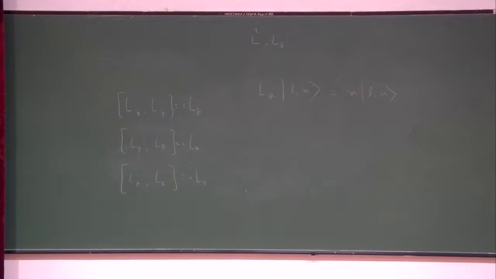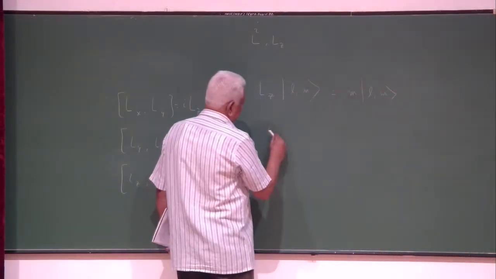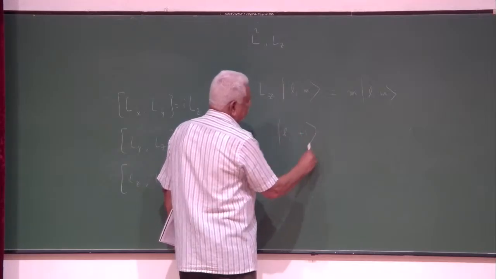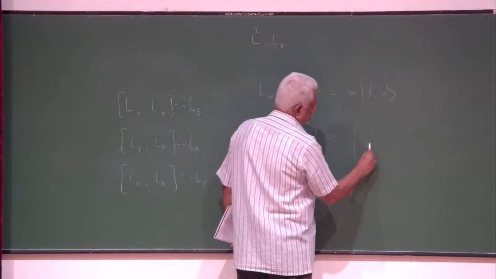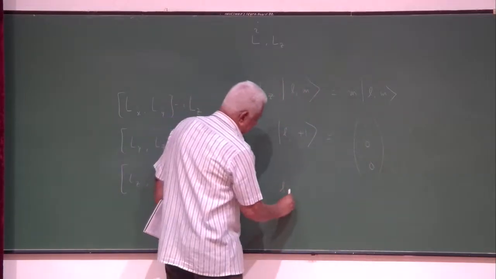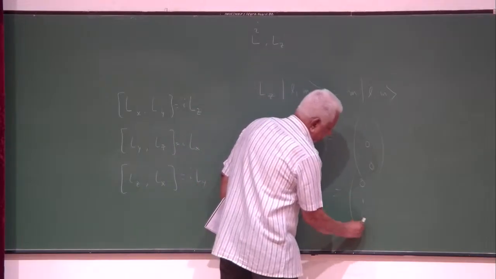So, like 1, 0, minus 1. For example, let me write for your benefit: L with M equal to plus 1 is actually this state, the vector 1, 0, 0. M equal to 0 is the vector 0, 1, 0.